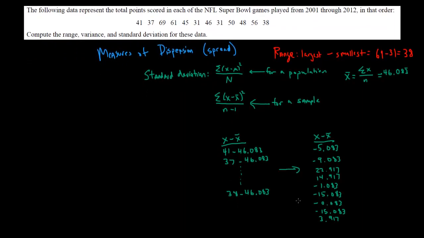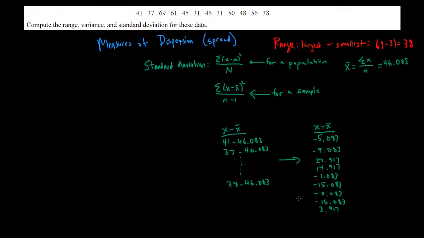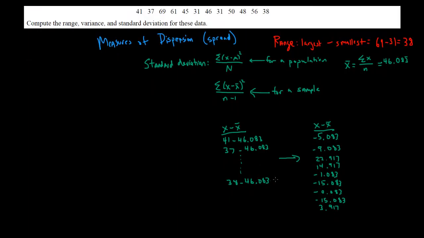Okay, let's see here. I'm going to have to move up just a little bit. I think that'll be enough. Okay, that was the 50. Then we have 48 minus 46.083. I get 1.917. Then we have 56 minus 46.083.